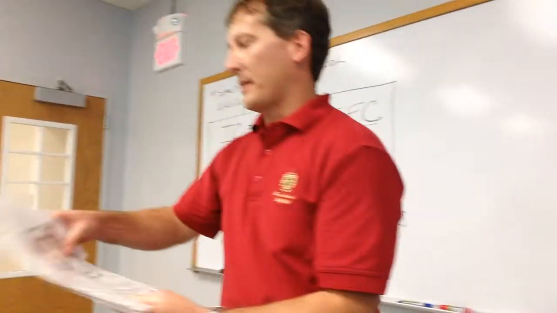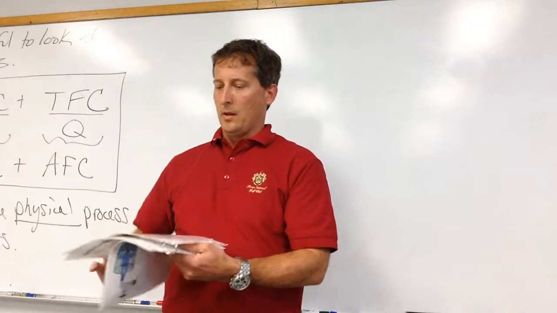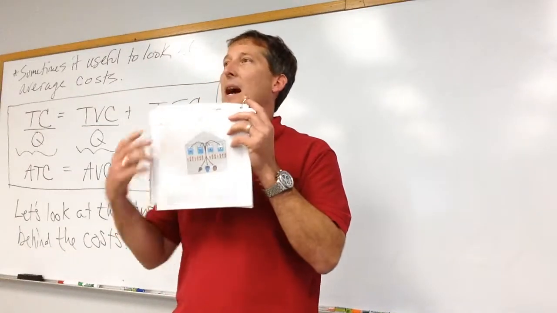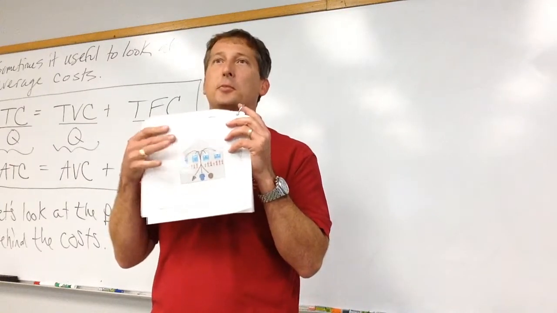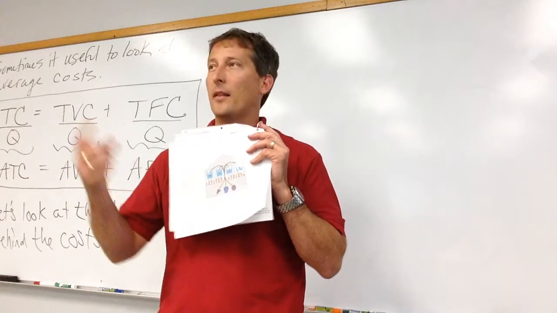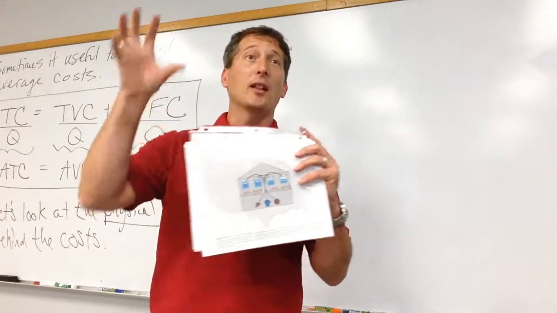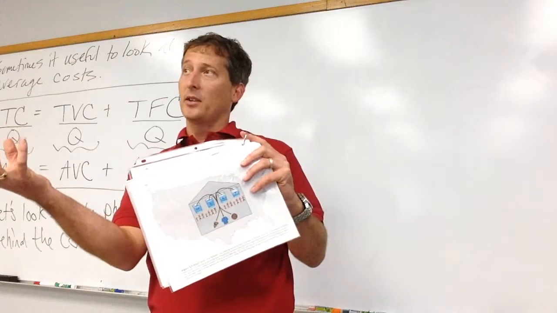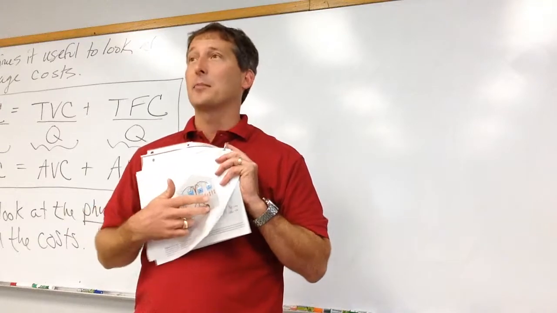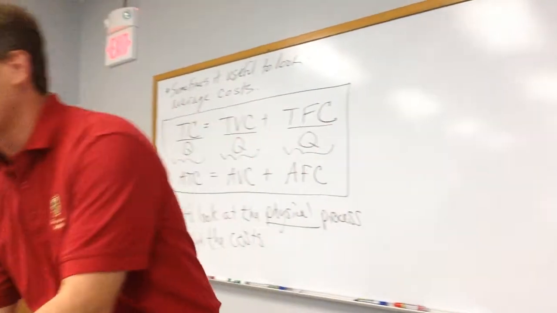You can think back to one of our early pictures, that the business comes up with a method to combine the scarce resources, land, labor, capital, entrepreneurship, in the creation of a pizza, a t-shirt, a basketball, right? That's a physical engineering thing is what I'm getting at. We might be able to do that with a lot of laborers and a little bit of machines, or a lot of machines and a little bit of laborers. There might be 100 different ways to make a basketball. That process is what I want to think about next, that physical process.